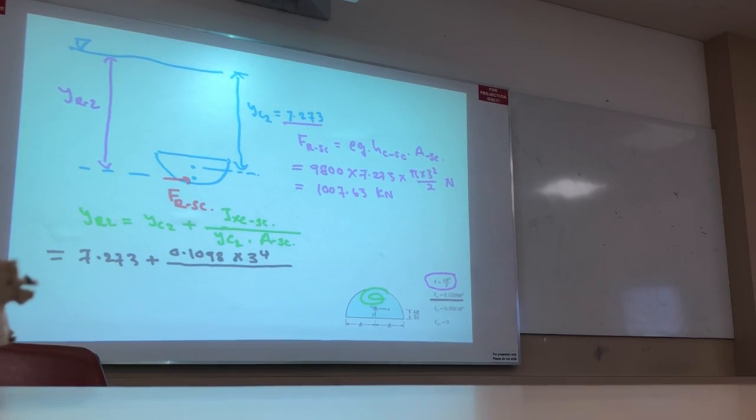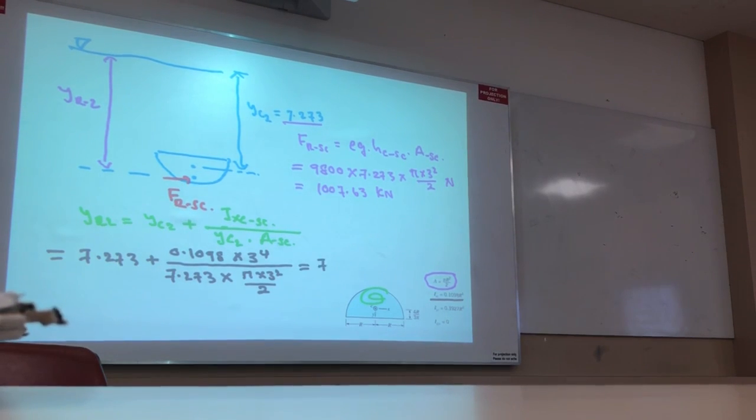Divided by YC2, 7.273 times area. Area is pi r square by 2, right? That means I can write 0.1098 r to the power 4 over 7.273 times pi r square by 2, right? And after summation I get YR2 becomes 7.36. Am I right? I get here 7.36.